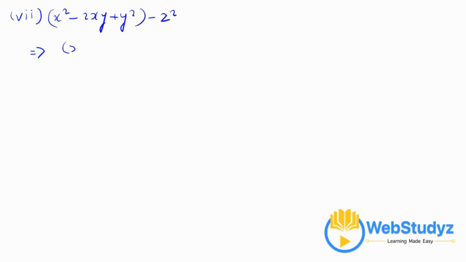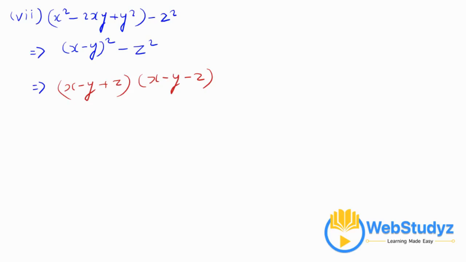That means it will be x minus y whole square, and this is z square. So again it is making the identity of a square minus b square. So we can write this as x minus y plus z multiplied by x minus y minus z.